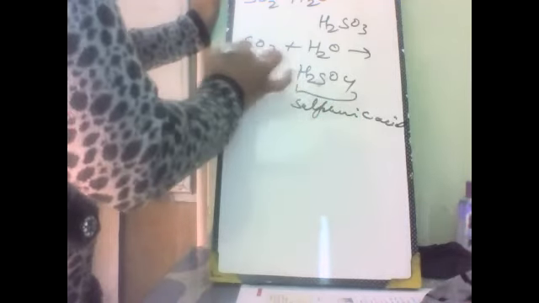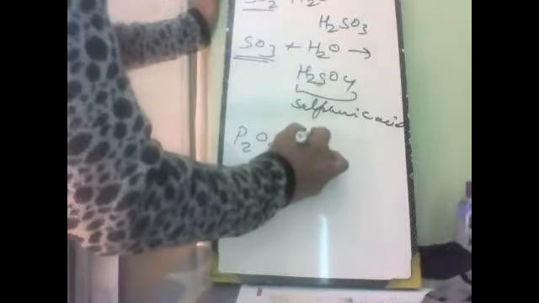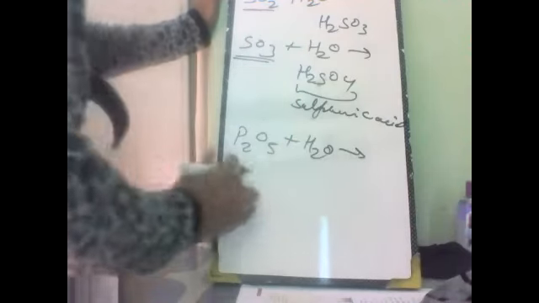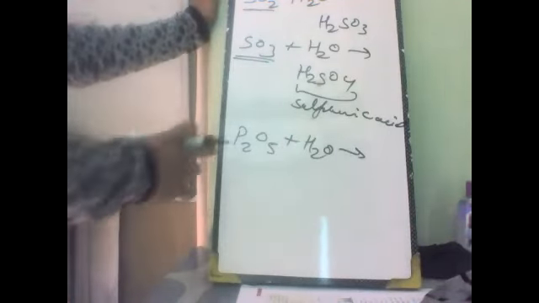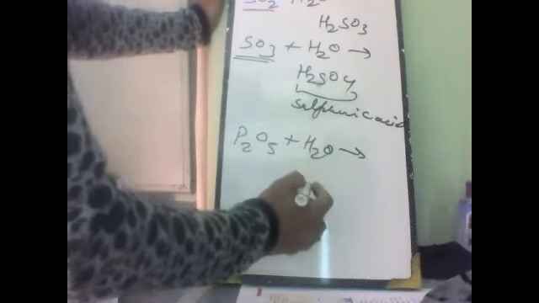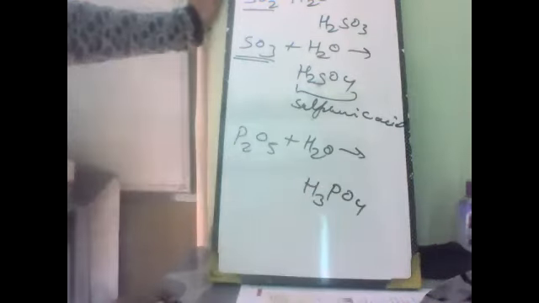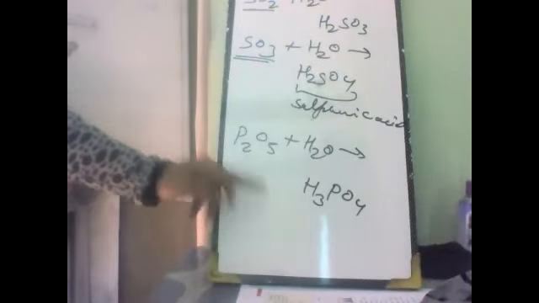It is a non-metal. P2O5 is also a non-metal. It reacts with water to form phosphoric acid, H3PO4.